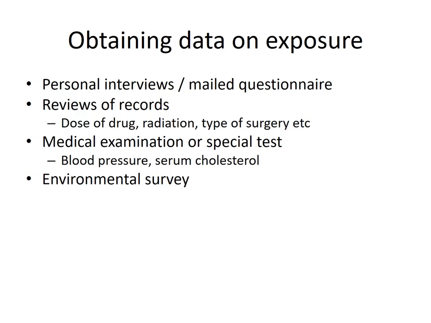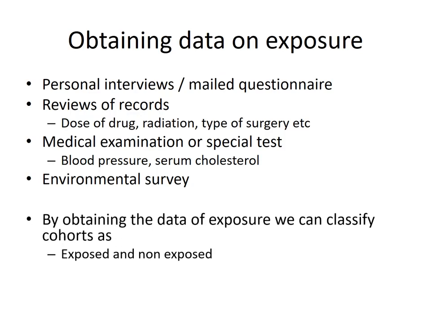So we take the blood pressure measurement, serum cholesterol levels, HbA1c levels, vitamin D levels, or we can have an environmental survey based on, for example, exposure to natural gas, exposure to nuclear remnants, anything that can be identified on an environmental level.